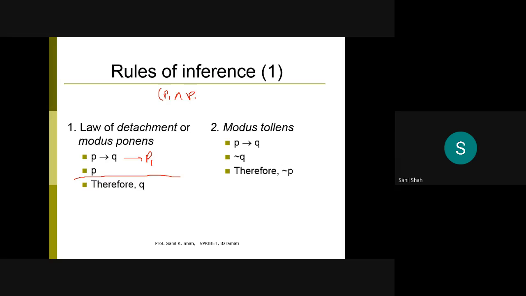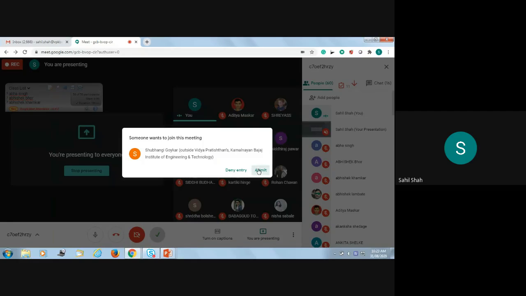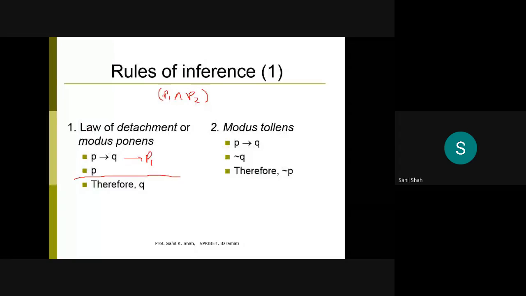For example, if we have two premises P1 and P2, I will take their conjunction, and form the conjunction of premises conditional conclusion. You have to construct a truth table for this, and if the entries in the last column are all true, that is, if it is a tautology, then we can directly conclude that the given set of statements is valid. It is a valid argument.